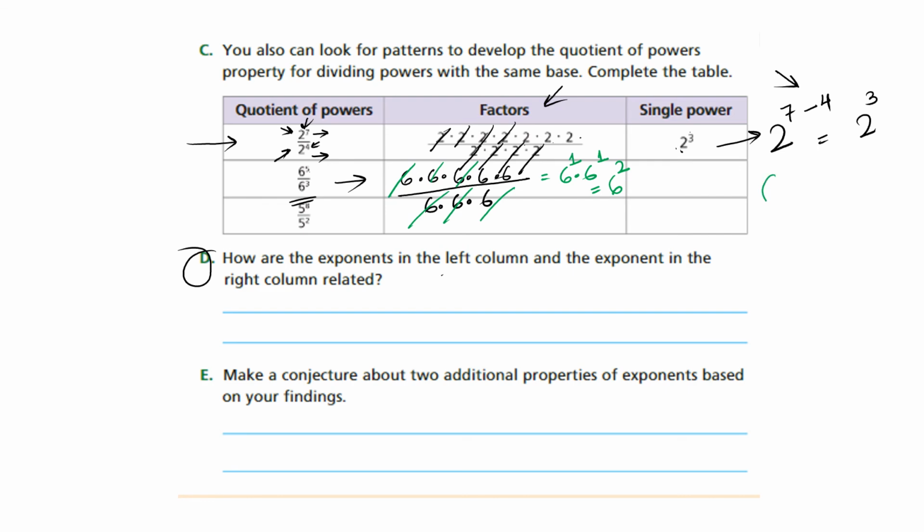Now let's try to solve this by using the property. So you write the base one time. You write the upper exponent, that is 5. Then you subtract the lower exponent, that is 3. And 5 minus 3 also gives you power 2, which can be written in factor form as 6 times 6.